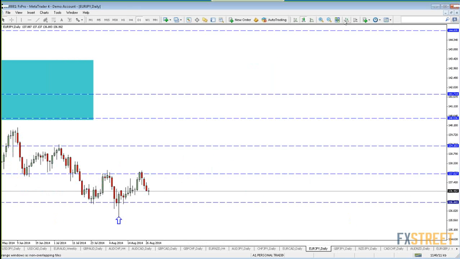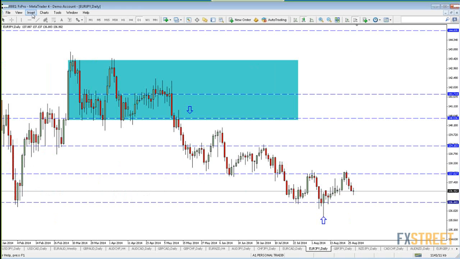Because to me, we're in this box. We've got 2 touches on the bottom, 2 touches on the top, and we're consolidating. So I would wait for the market to fall down here, come up, touch it, bearish candle and sell, or break out higher, come back down, bullish candle and bounce and then buy. That's what I would do.